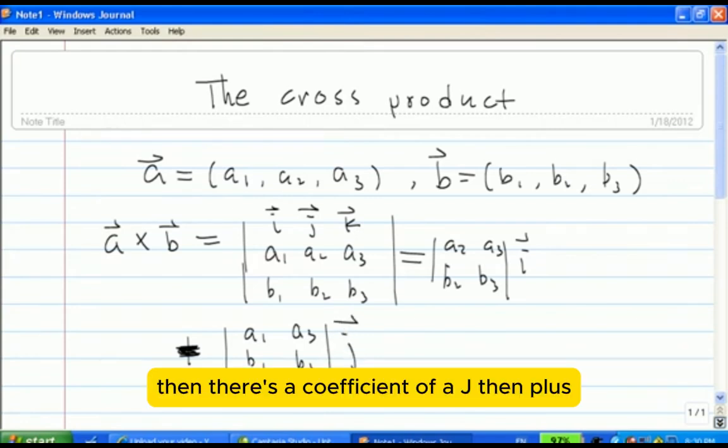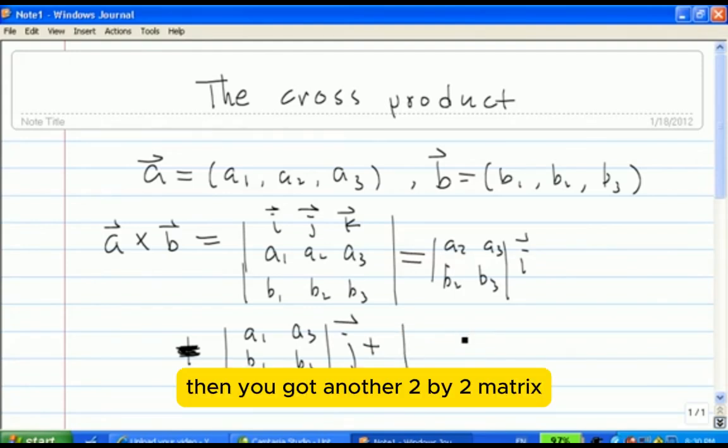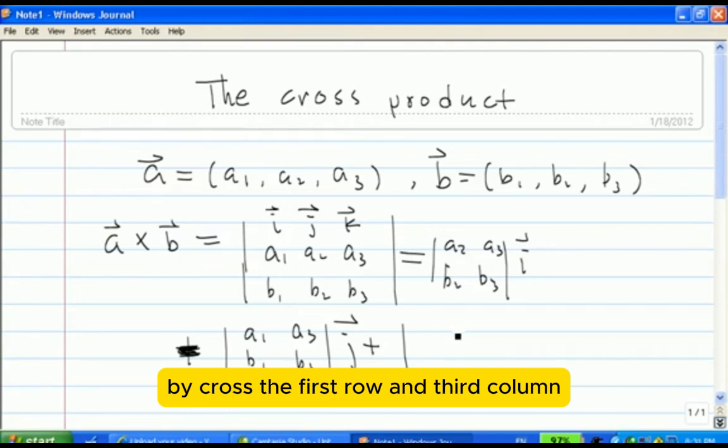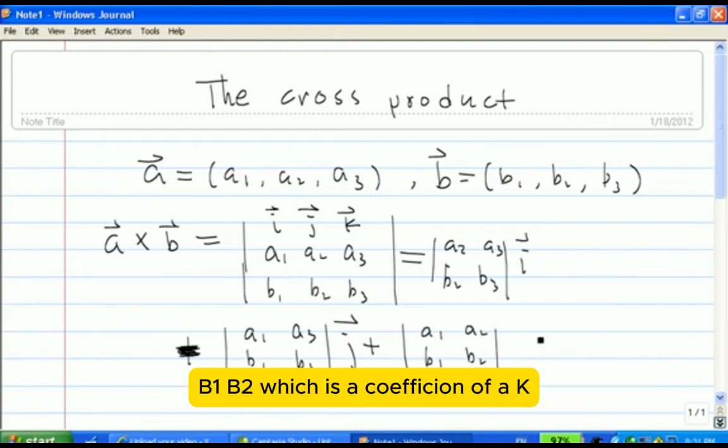Then this is the coefficient of J. Then plus. Then you get another 2 by 2 matrix by crossing the first row and third column. You get A1, A2, B1, B2, which is the coefficient of K.